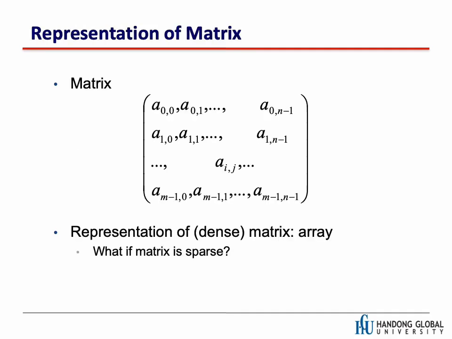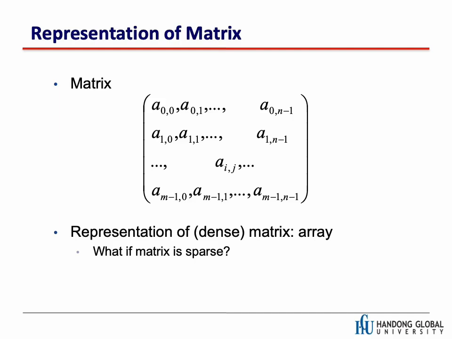Okay, this is one way to represent a matrix. So this is basically a 2D array. So given a matrix, the 2D array is perfect to represent all the elements. Okay, there's no problem. Perfect. Then the question is, what if a matrix is sparse?